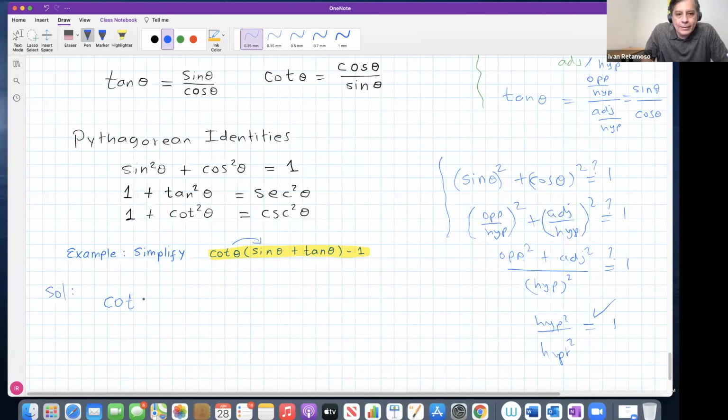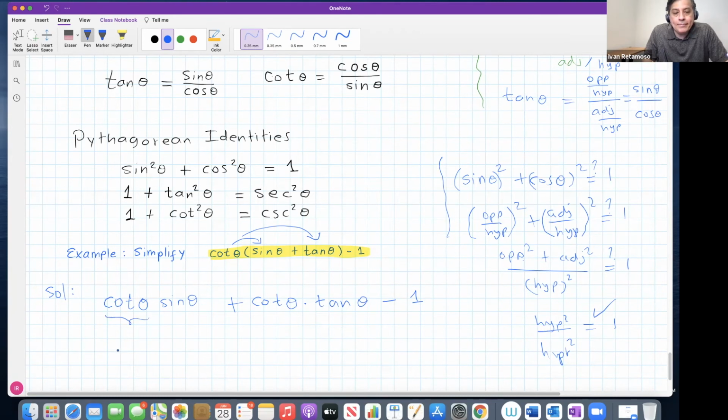So we get cotangent of theta times sine of theta plus cotangent of theta times tangent of theta minus 1, right? But what is cotangent of theta times sine of theta?